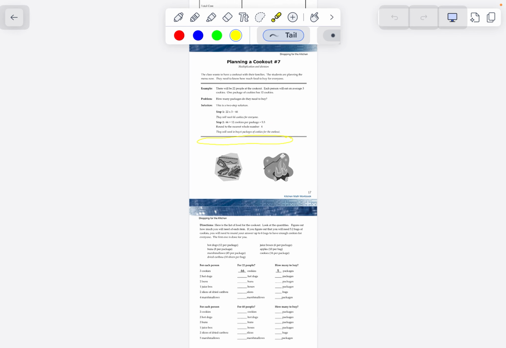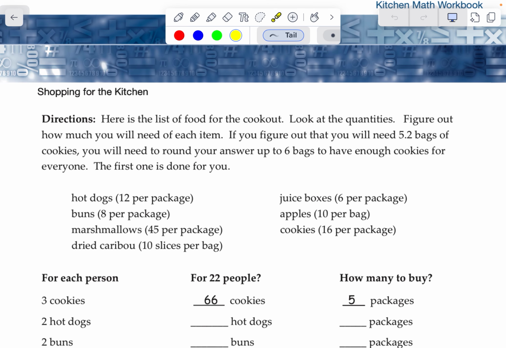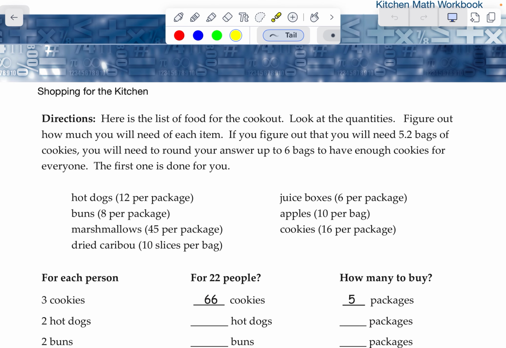So then you've got here a little chart. I want you to make a similar sort of chart on your paper. Let's take a look at the directions. It says, here's a list of foods for the cookout right here. So you're going to use that. You're going to figure out how many you need total for the people. Like the cookies again, there were 22 people, 22 times 3 is 66.